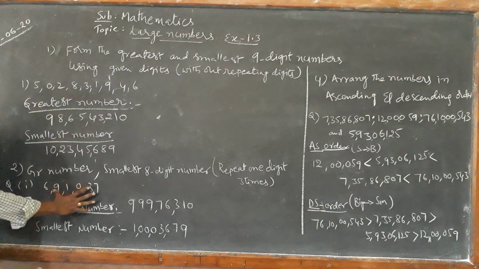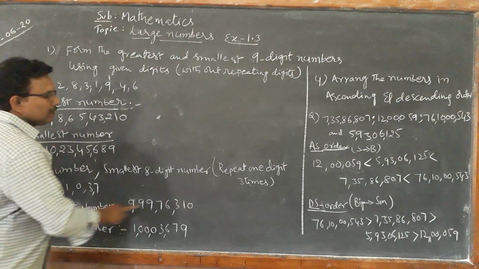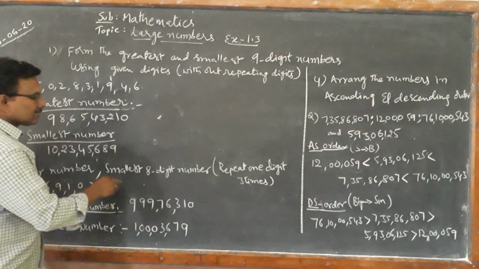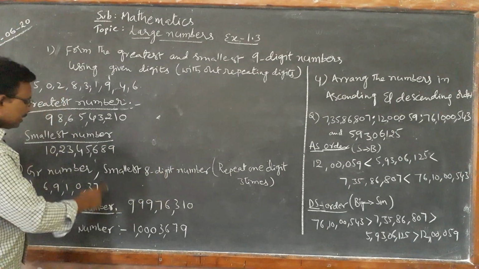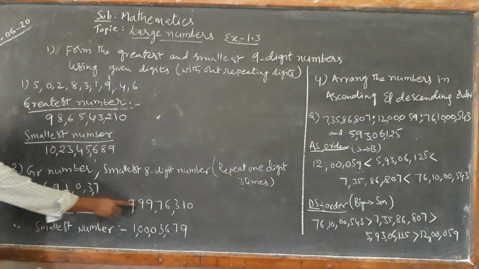But the given digits are 6 only. To get an 8-digit number, 1 digit should be repeated 3 times. Then only you get an 8-digit number. So now write the greatest number. To write the greatest number, the largest digit should repeat 3 times.